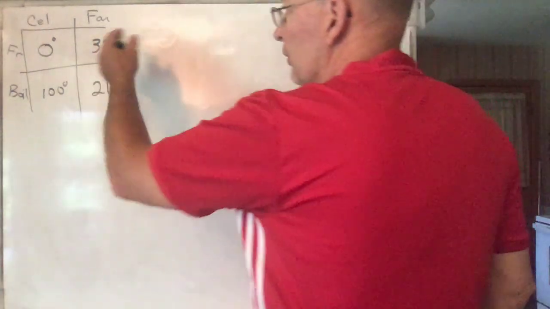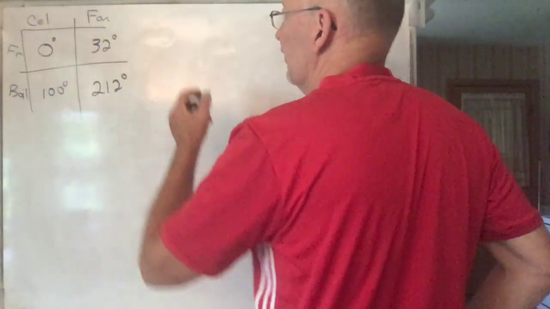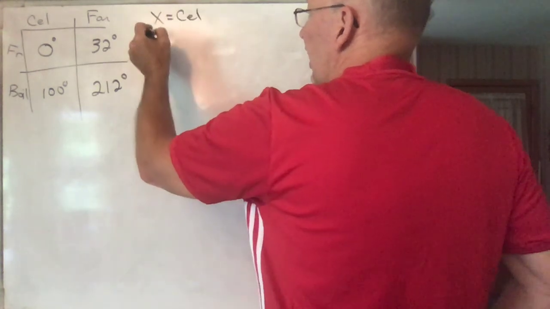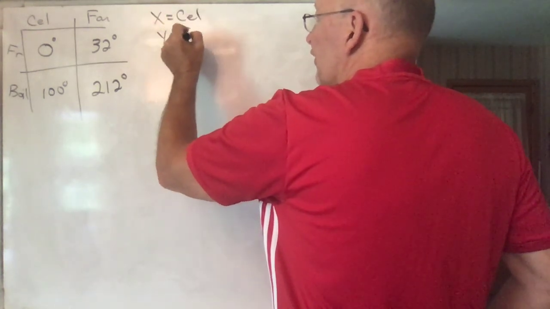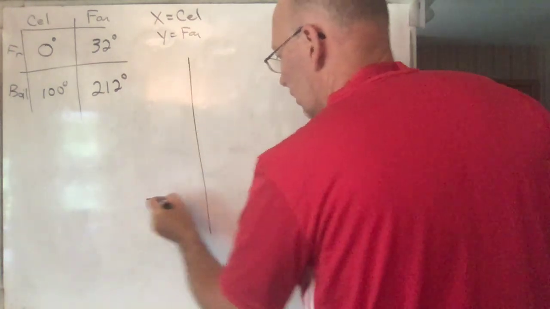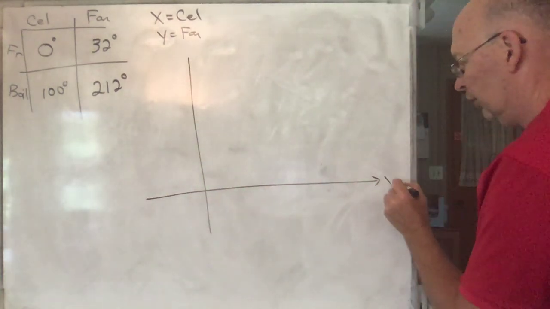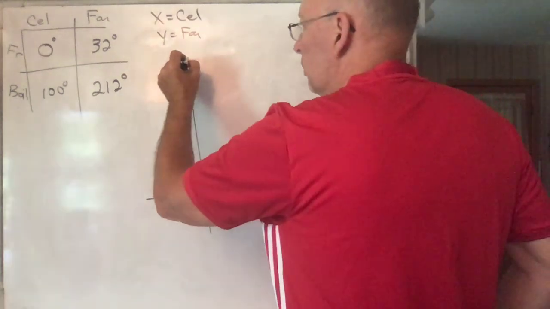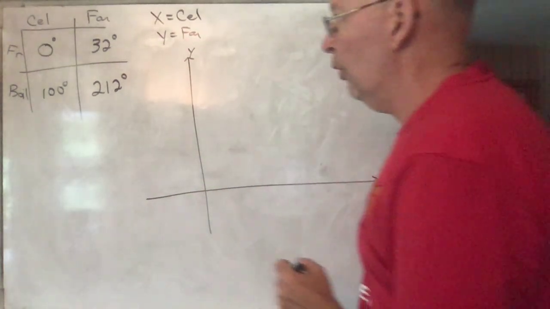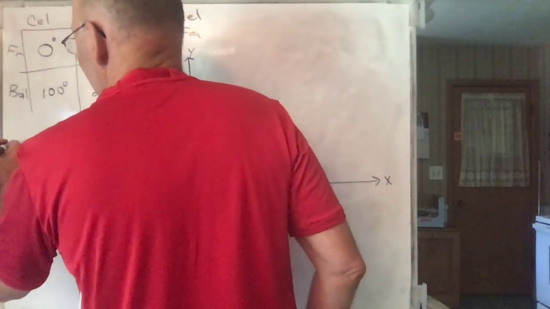So let's find a relationship between Celsius and Fahrenheit. Let's let X stand for your Celsius, and let's let Y stand for your Fahrenheit. And so we're going to have ourselves a graph here where this is X and this is Y. And so one point on this graph is going to be the freezing temperature.